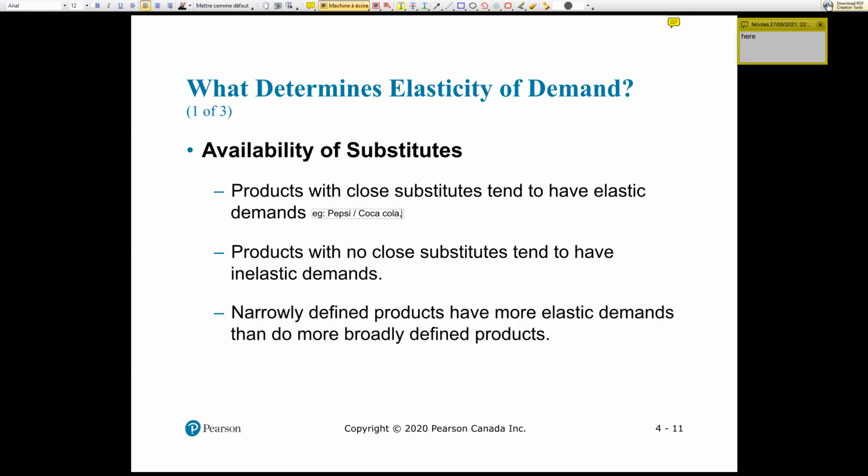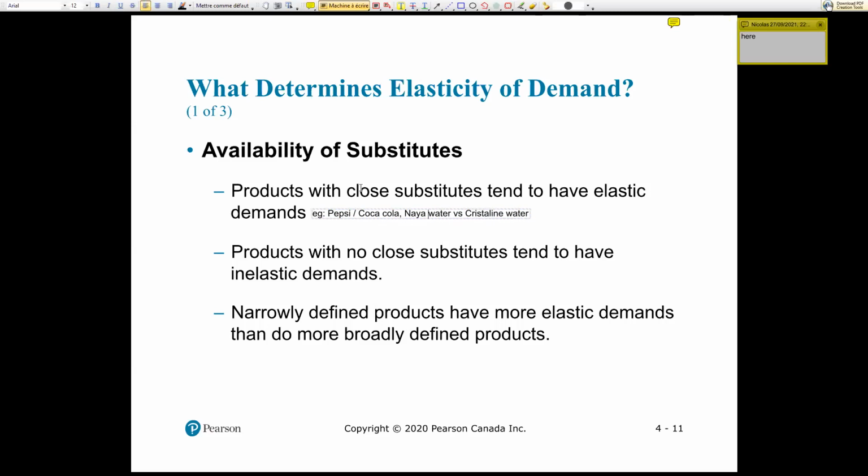Another example would be Naya water versus Crystalline water. Maybe these companies don't exist anymore. I don't know, maybe it shows my age. Those are two water brands, and water is water.